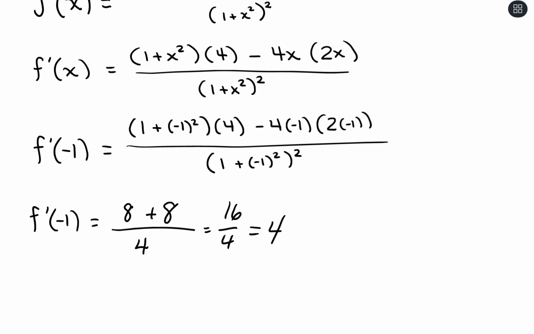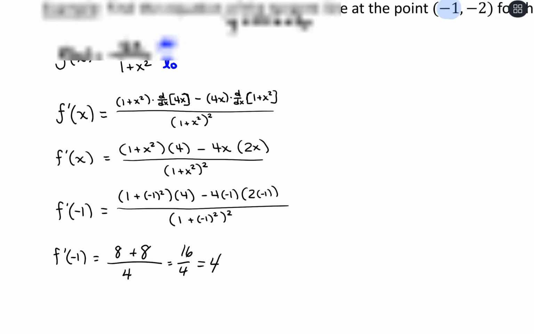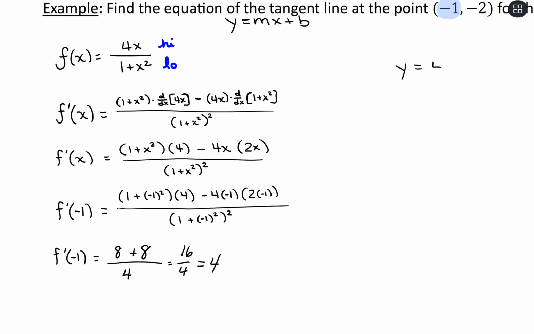So we're getting a derivative of 4 out. So we have y equals 4x plus b, and to find b, we're going to plug in our coordinate with y equals negative 2, x is negative 1. And that'll be negative 2 equals negative 4 plus b. Add 4 to both sides for a positive 2.